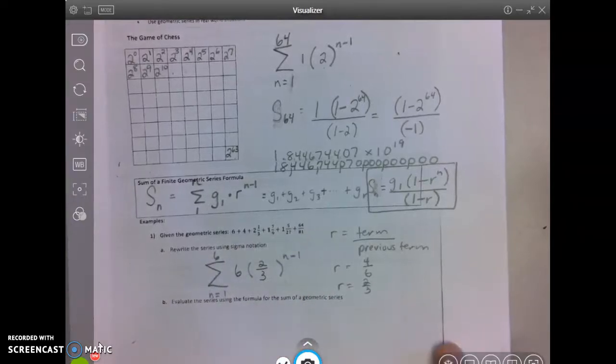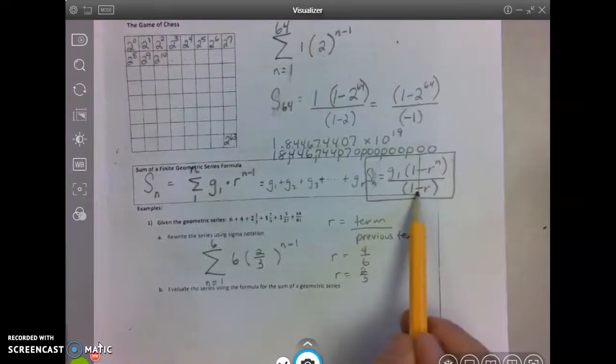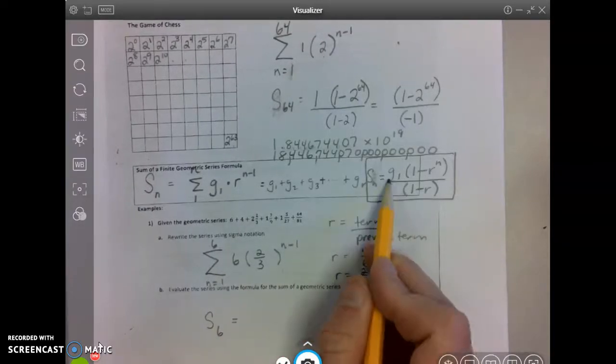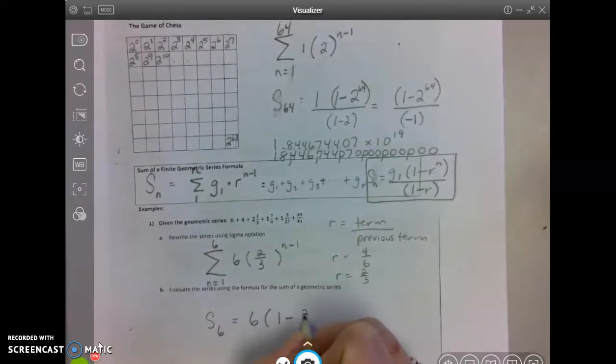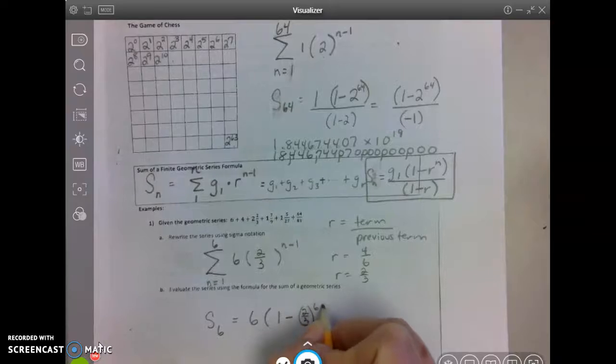Now we're asked to evaluate the series using the formula. This is my formula for the sum of a geometric series. So S sub 6 equals the first term, which is 6, 1 minus 2/3 to the 6th power.